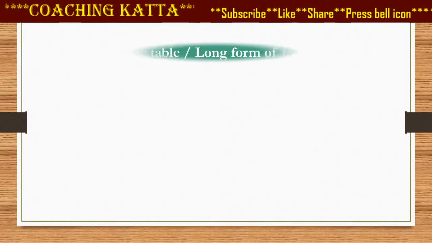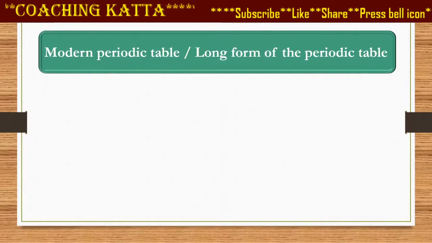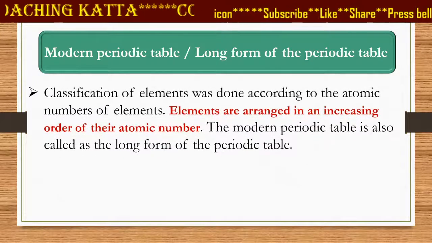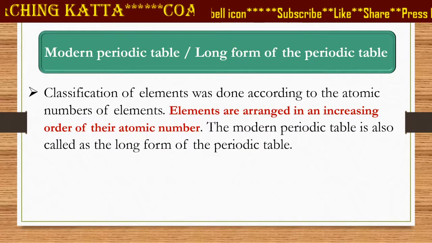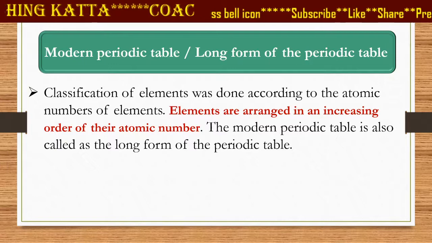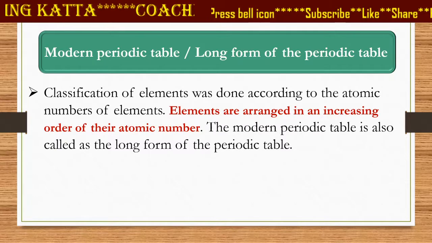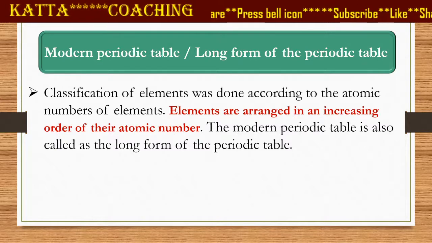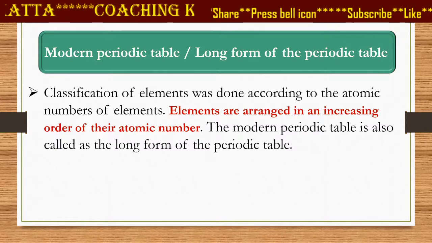So, let us study the modern periodic table. Classification of elements was done according to the atomic number of elements. Here, elements are arranged in increasing order of their atomic number.